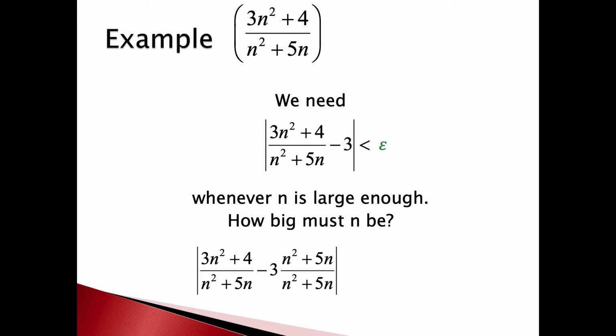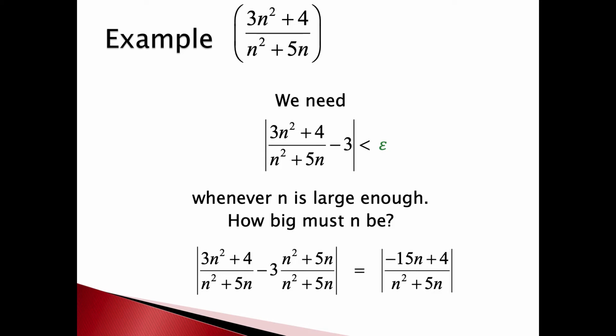When you do that, my denominator, of course, will be n squared plus 5n. In the numerator, I'll have 3n squared plus 4. And then when I multiply through by the negative 3 in the second part, I'll have minus 3n squared minus 15n. Now, the 3n squared and the minus 3n squared, notice those will cancel.